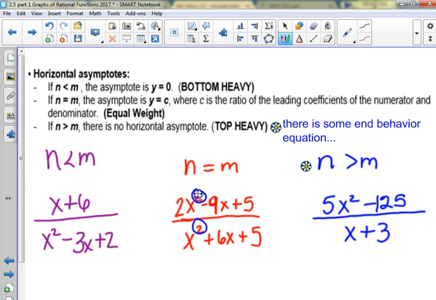Okay, so the idea here is that if I put in an incredibly large number, do you see that these two things are going to be the same, x squared and x squared? But when I take that incredibly large number that I've squared, this one I'm going to multiply by 2. So it's going to be twice as big as the bottom one. Now, if I'm putting in 1,000, 1,000 squared minus 9,000 is still a really big number, right?